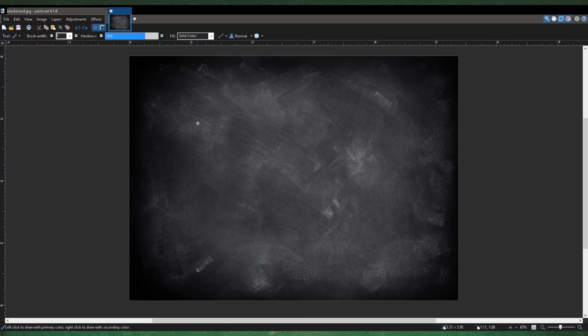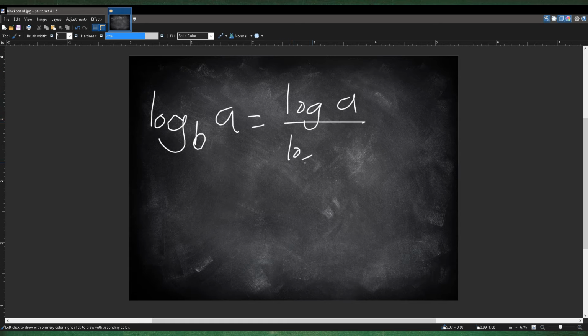Here's a special property that you want to know, just for fun. It's an interesting property: how can you switch from log to ln? How does that work? Basically you're going to use the change of base property. You're going to have log base b of a is equal to log a over log b, right?